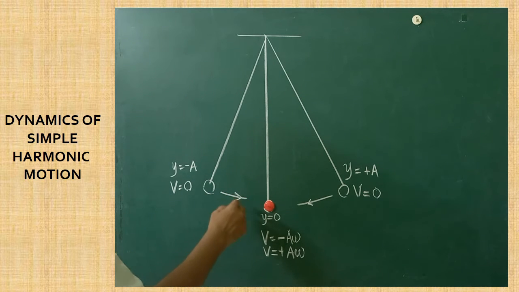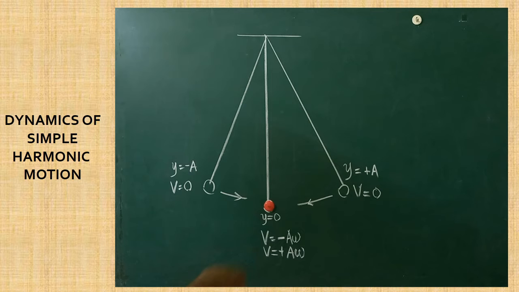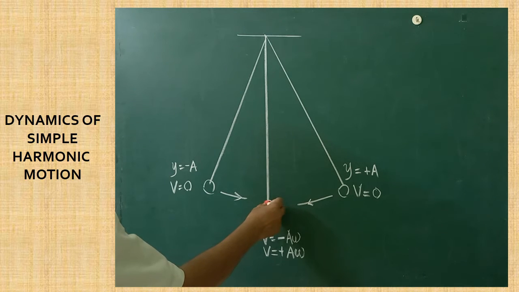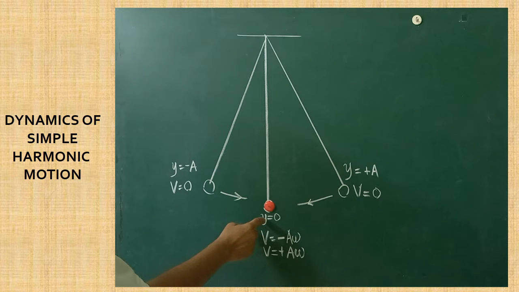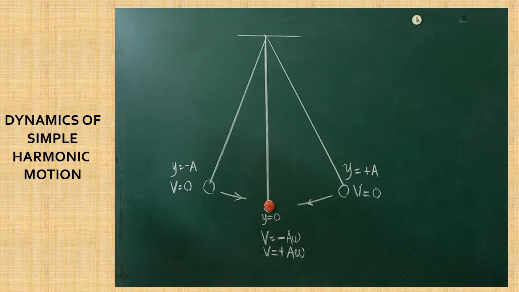Now we will see what the acceleration values are. Let us imagine the pendulum is here at the mean position. Look at the value of y. The displacement value is 0.